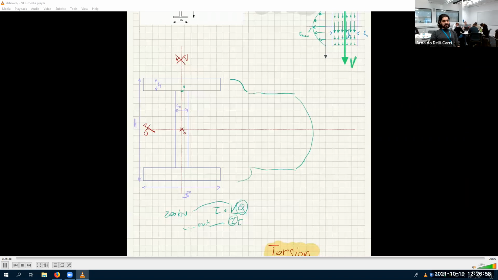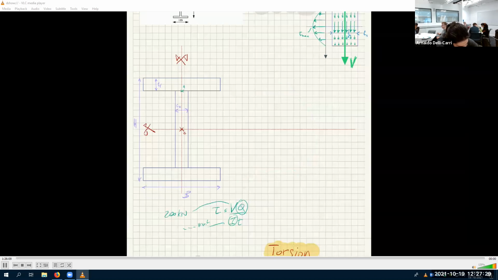This is the same parabola broken in 3 parts because we have 2 jumps in thickness. There is no jump in Q. Q is continuous, but T is discontinuous. T jumps. This one is the continuation of this parabola, but we have broken it because there is a jump in thickness. So let's do this calculation.